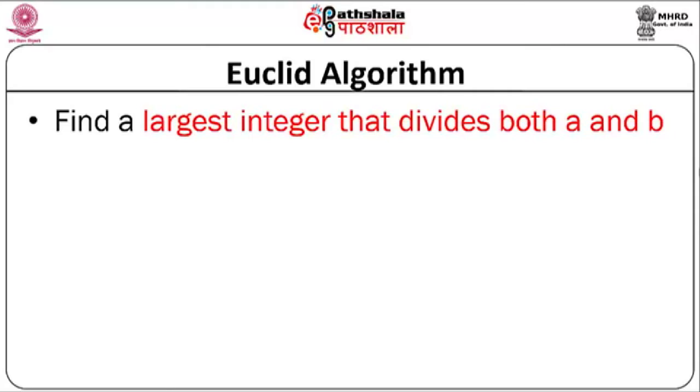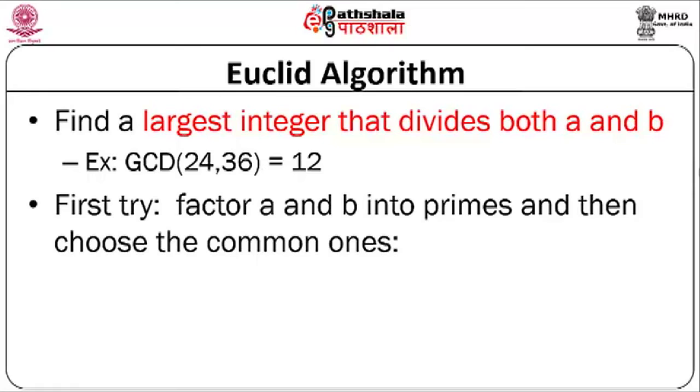This algorithm aims at finding the largest integer that divides both A and B. For example, if we are given two numbers 24 and 36, you can say that the GCD of 24 and 36 is 12. How is this solution obtained?